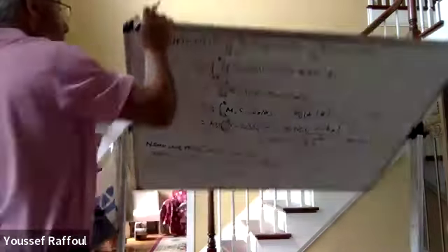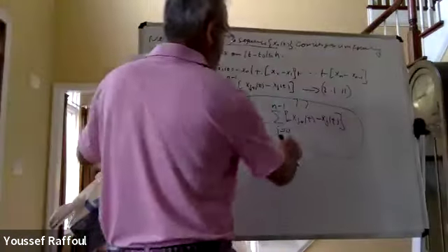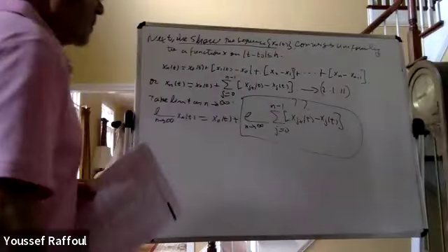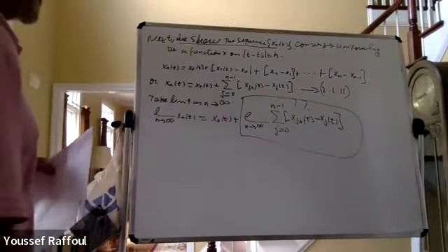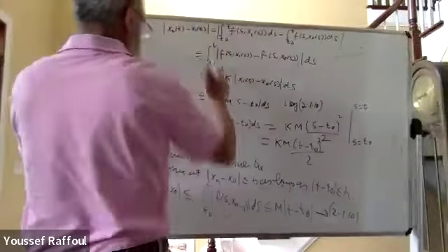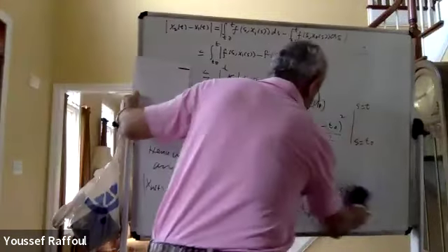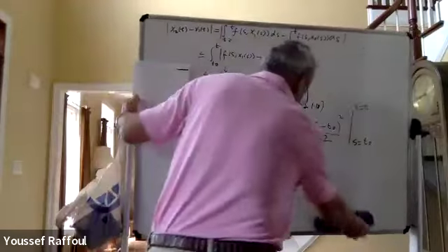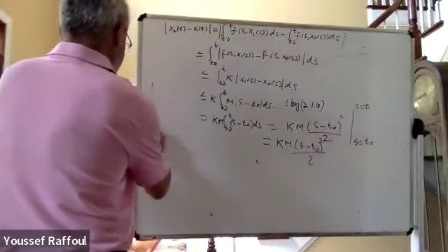What is the next step? The next step is j equal to 2. If I do j equal to 2, I get x3 minus x2. So the next thing is I do x3 minus x2.